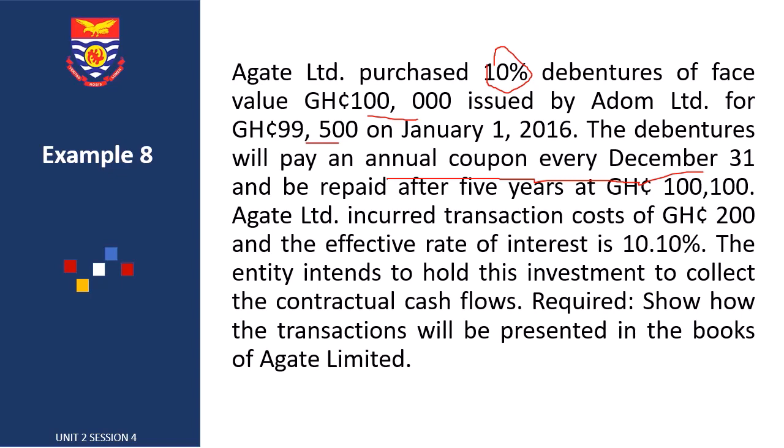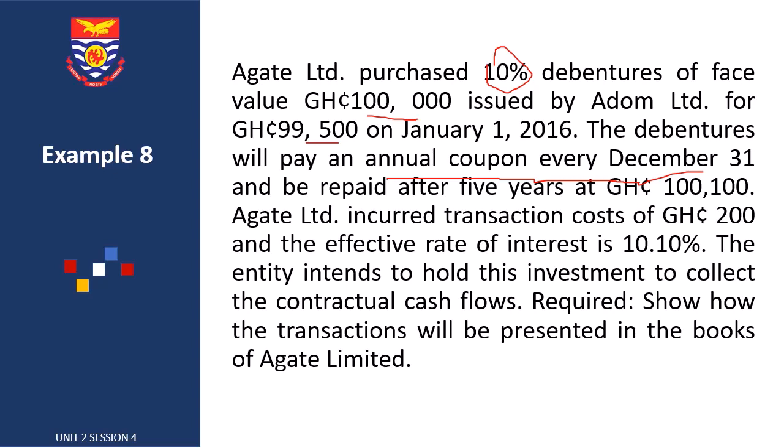And the focus here is Agate Limited. So we are preparing the statements for Agate Limited. So Agate Limited will be receiving 10% of the face value of 100,000, not the nominal value, which is the discounted amount, but rather the face value. Now, if you look at one thing also here, the face value is 100,000.